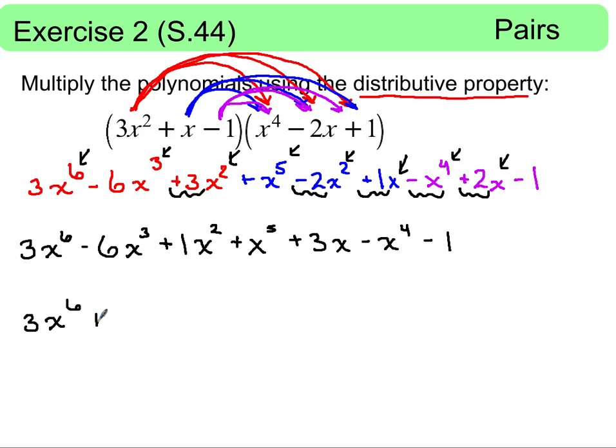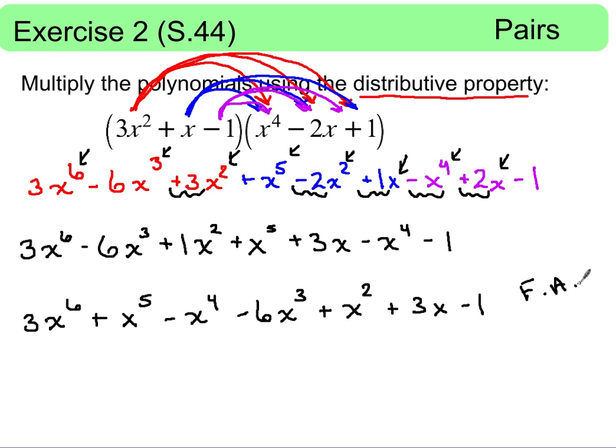We would put our plus x to the fifth second, then our minus x to the fourth, minus 6x to the third, plus our 1x squared, plus our 3x, and then minus our 1 for our final answer in that given problem.